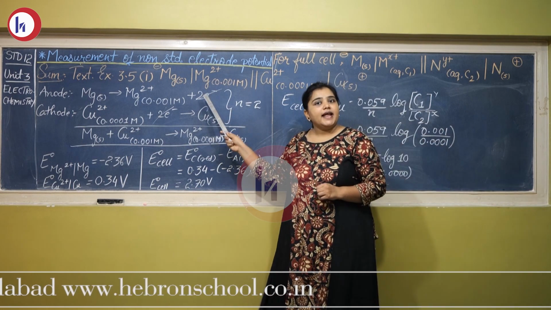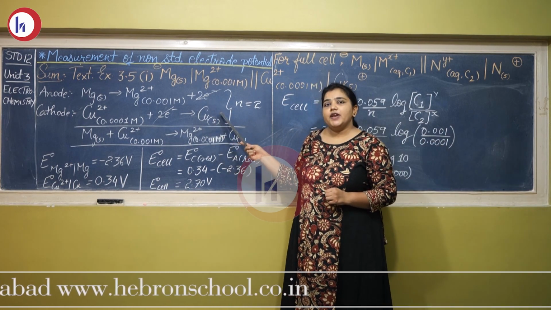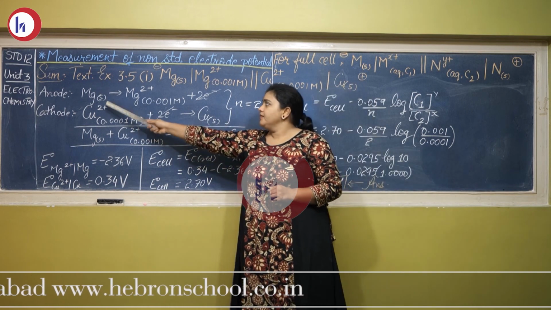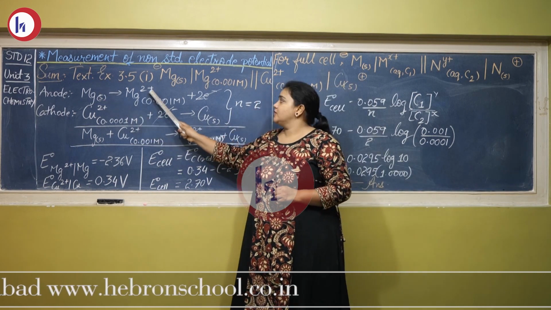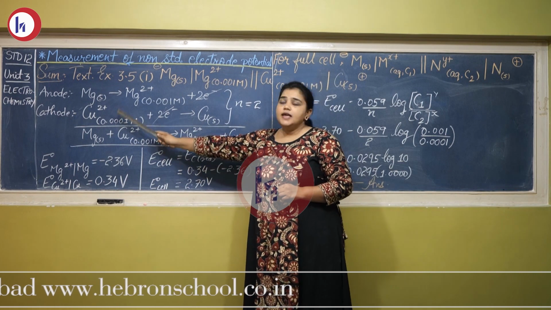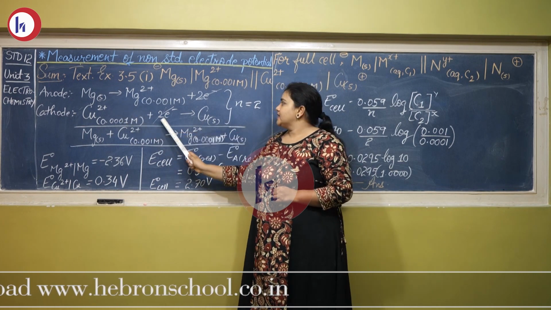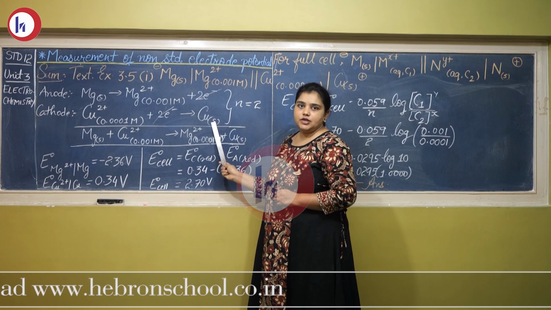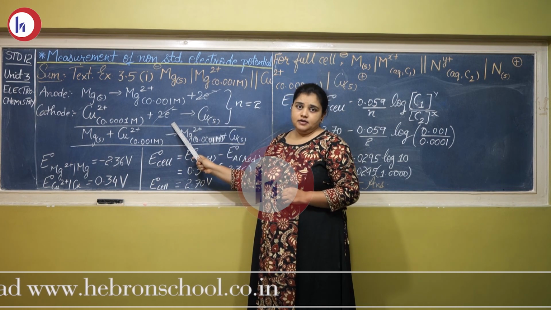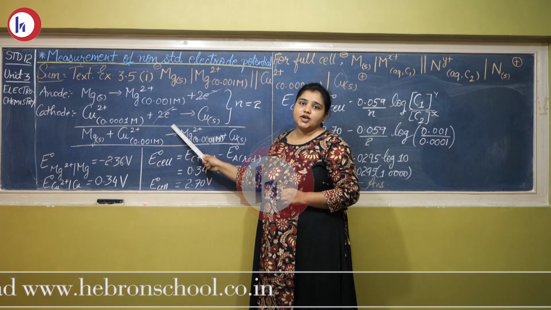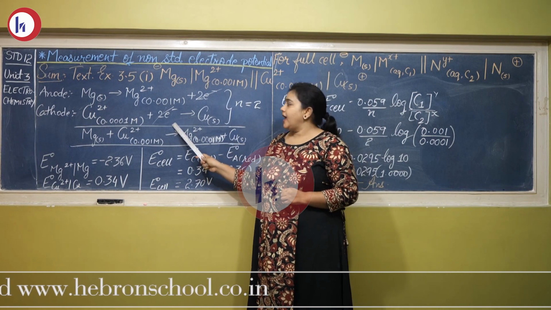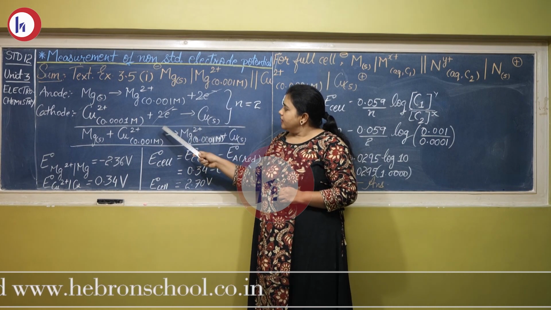So to calculate the net cell reaction and the number of electrons transferred, we can write the equation. Anode: Mg solid gives you Mg2+ plus 2 electrons. Cathode: Cu2+ will accept 2 electrons and gets converted into Cu solid. As you can see, the number of electrons exchanged are the same, so the electrons lost and gained can be cancelled.